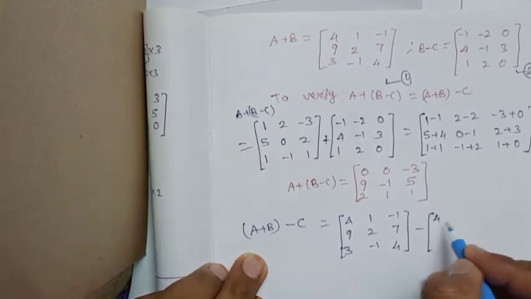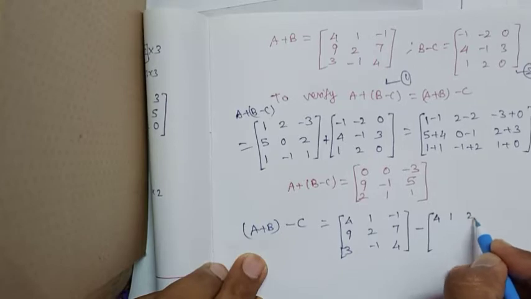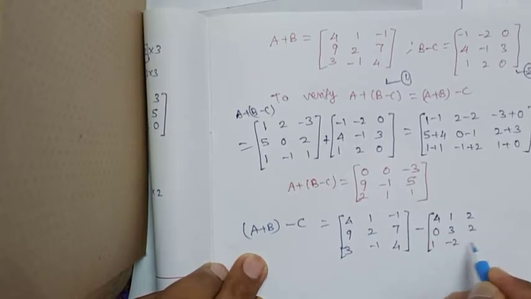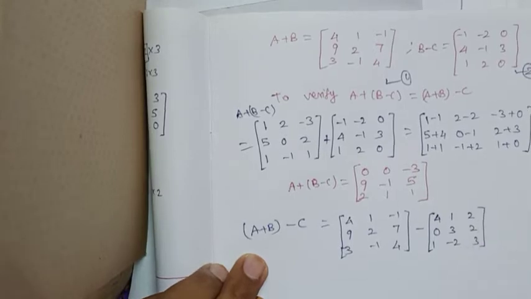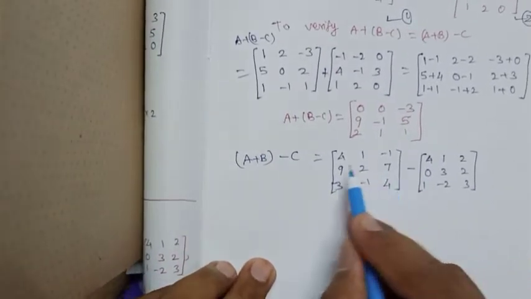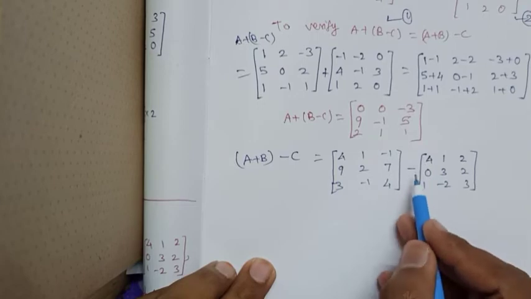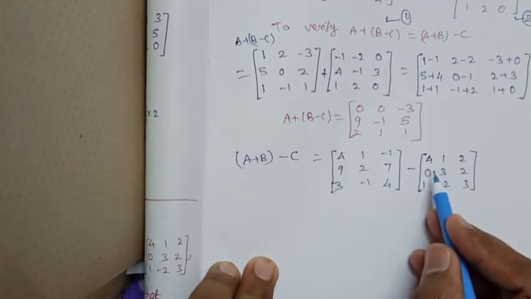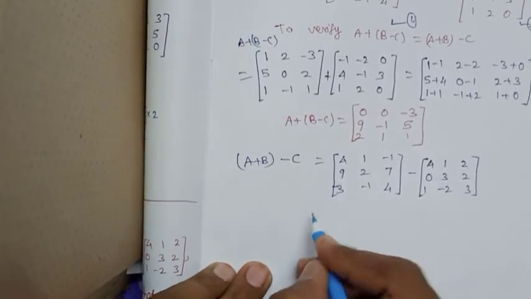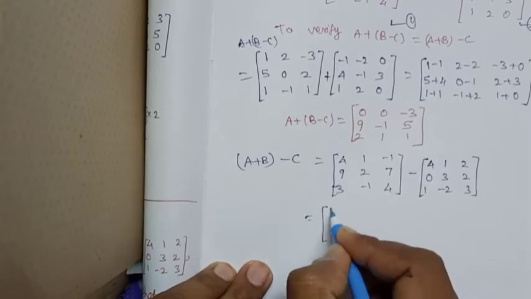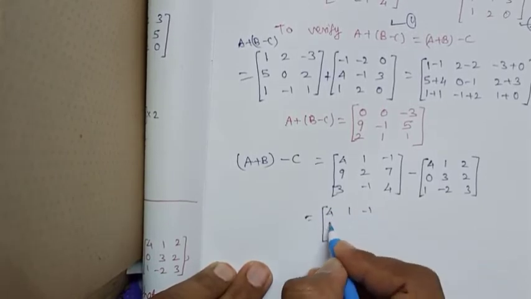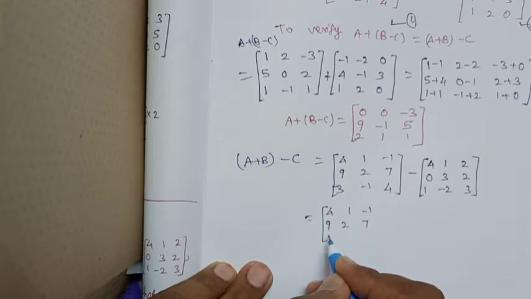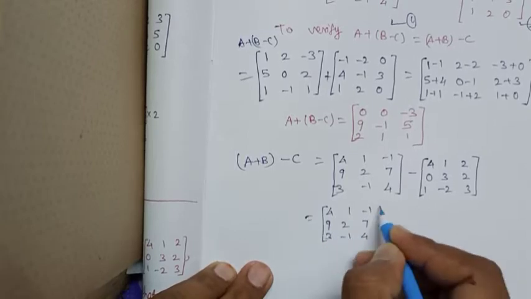The C matrix is 4, 1, 2, 0, 3, 2, 1, minus 2, 3. We can directly subtract the corresponding elements, or multiply minus 1 inside and then proceed. So that is 4, 1, minus 1, 9, 2, 7, 3, minus 1, 4.